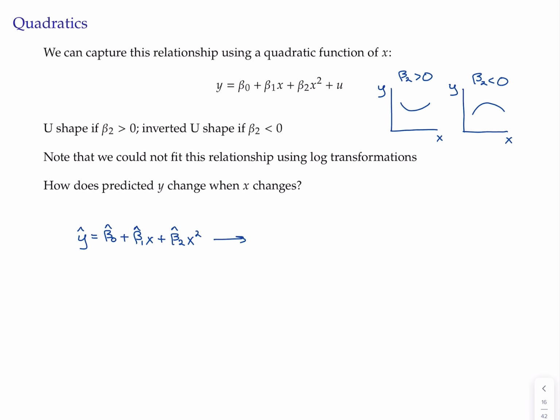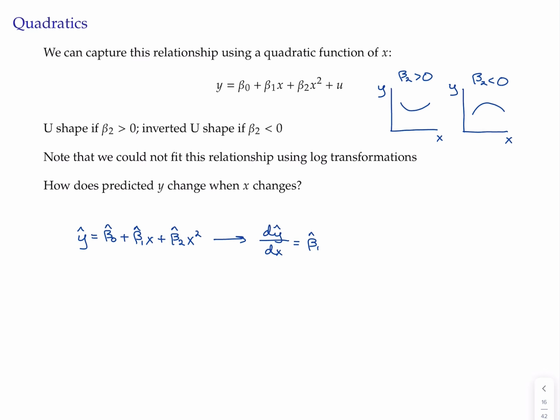And then differentiate this with respect to x. So this is a constant. Derivative will just be 0 with respect to x. Derivative of this, just beta 1 hat.